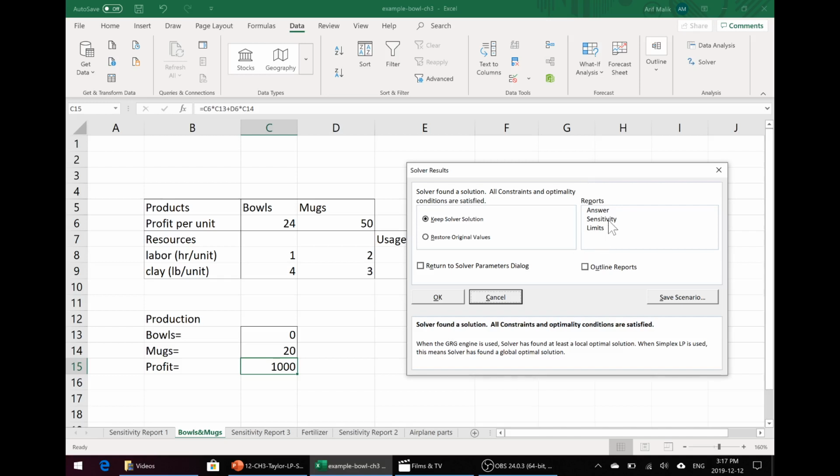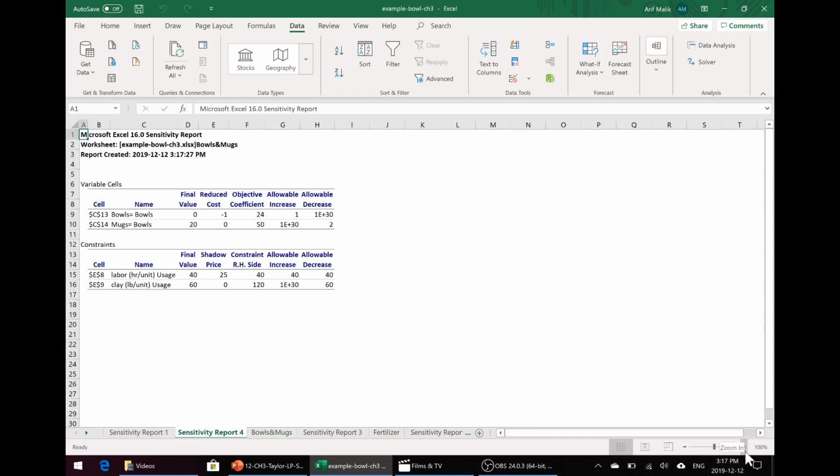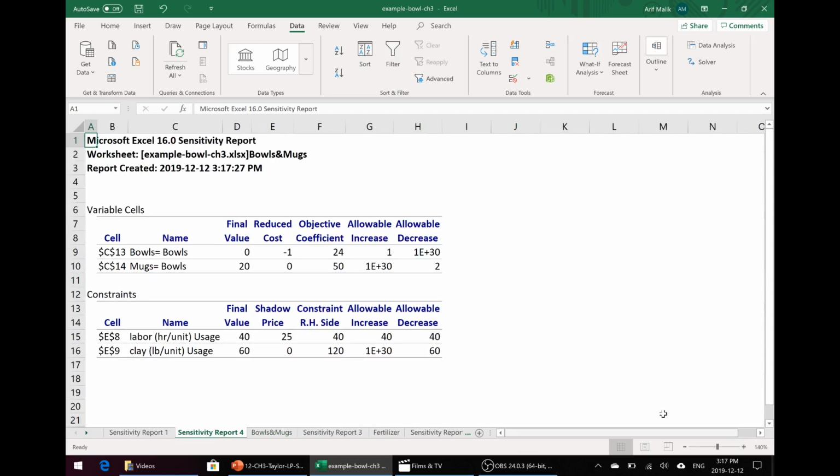Let's see the sensitivity of this one. Sensitivity analysis, go to this and I will show you the reduced cost now. We say OK, and we have a new sensitivity report here, and let me make it bigger. Now we see that the final value of bowls has become 0, and the objective coefficient is 24, and the reduced cost is telling us -1.